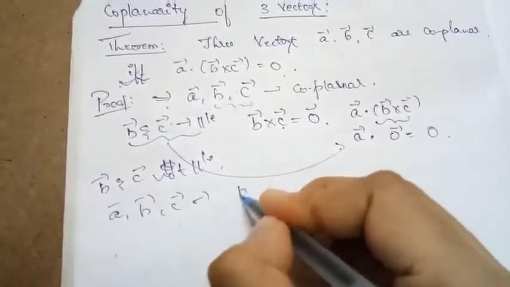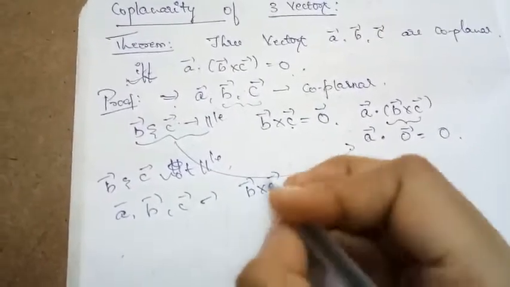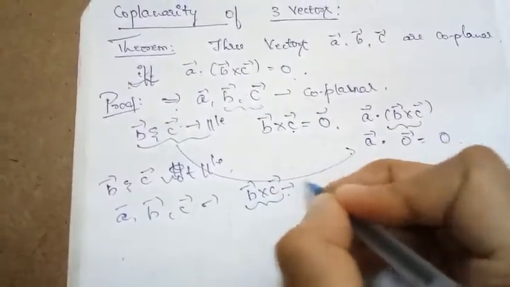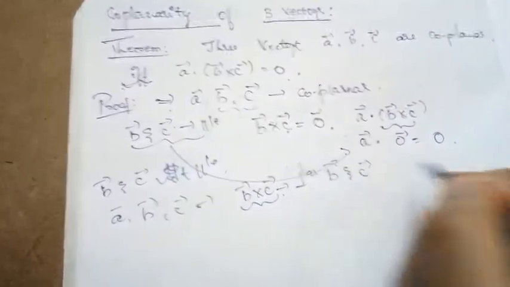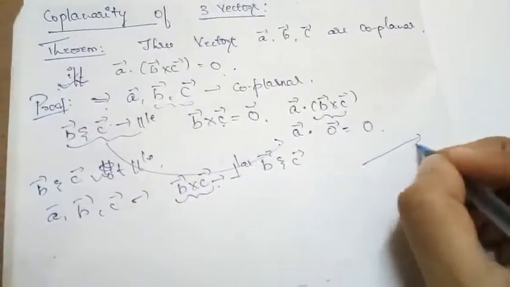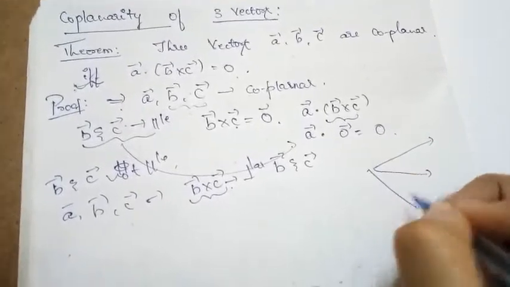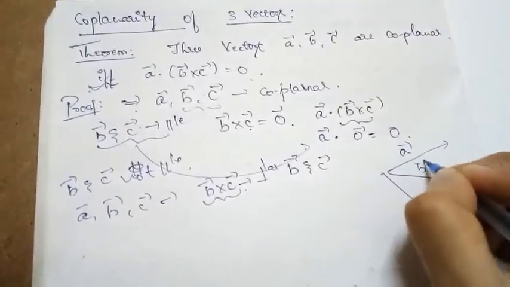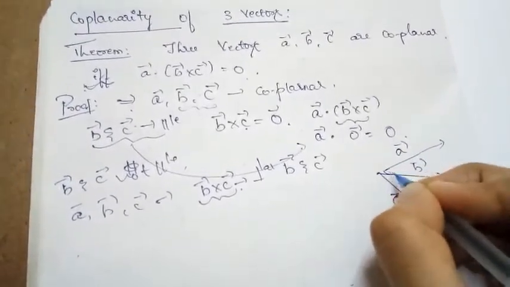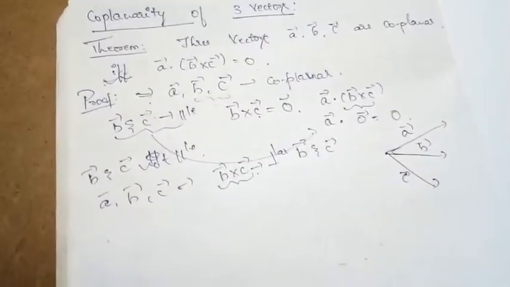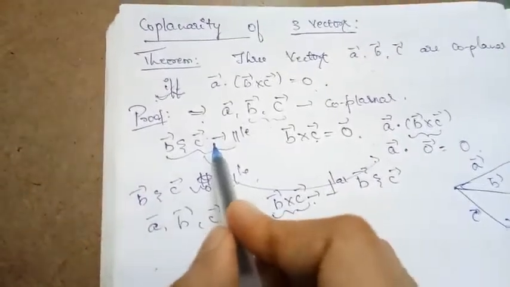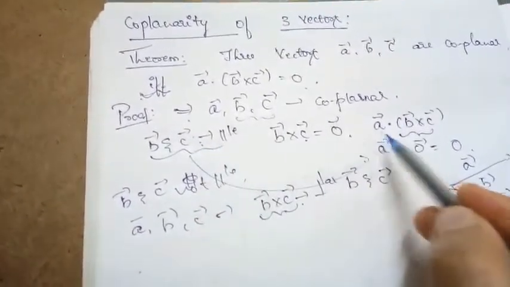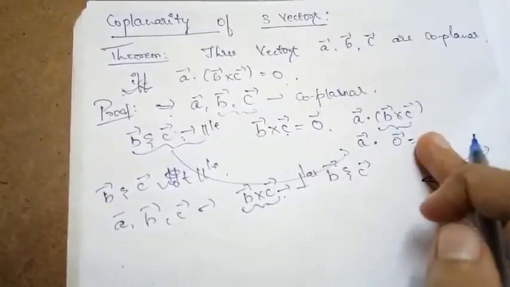Then if I consider vector B cross C, it will be perpendicular to both vector B and vector C, right? Suppose I consider vector A, vector B and vector C. I said in the beginning that if these two are parallel, then our scalar triple product is 0.